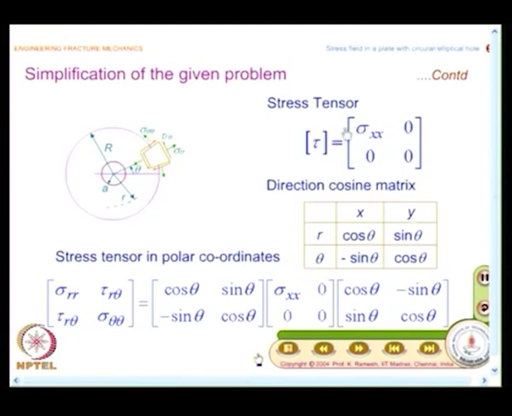And we know the stress tensor. I can find the stress tensor in polar coordinates by multiplying with the direction cosine matrix, A and A transpose, so you have cos theta, minus sin theta, cos theta.